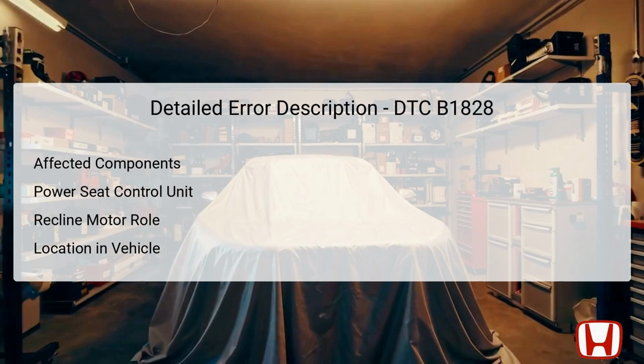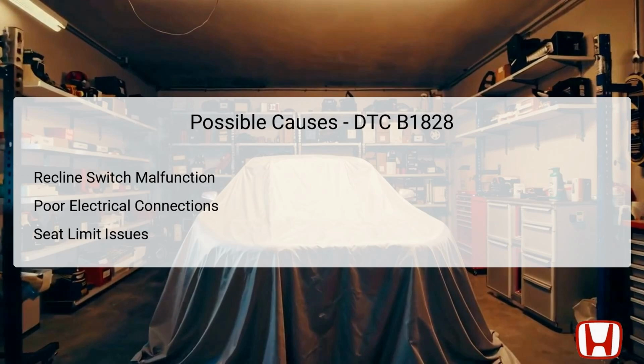vehicle safety. The potential causes for the DTC B1828 error encompass several issues that may affect the functionality of the recline motor. A malfunctioning recline switch can erroneously signal the power seat control unit, causing it to register a pulse error. Additionally, poor electrical connections may result from wear, corrosion, or loose fittings, disrupting power flow to the seat mechanism.